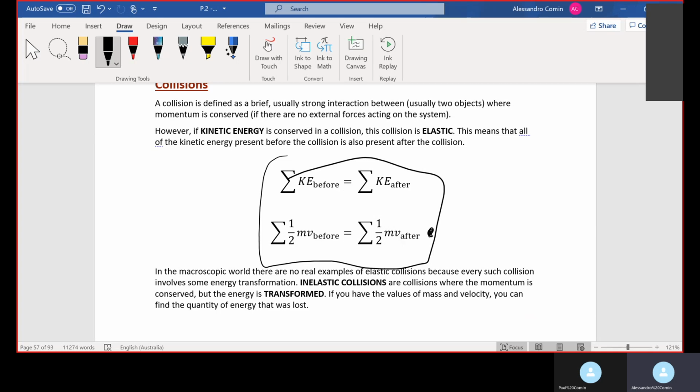In the real world, there are actually no real examples of elastic collisions because every collision involves some energy transformation. So for example, if two cars crash, some of that energy is converted into sound energy because we can hear the collision. Some of that energy is going to be converted into heat energy because when they crash, they might rub against each other and that rubbing forms heat due to friction. Things like that.